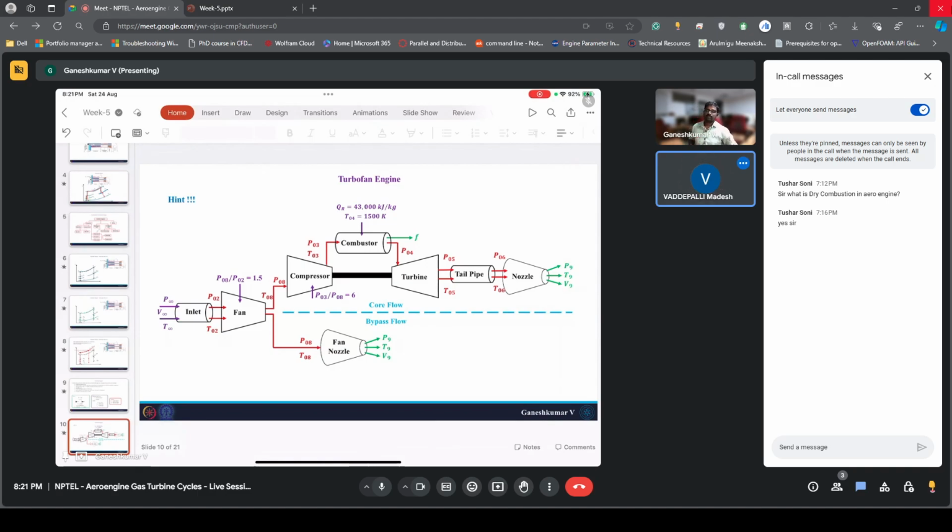In terms of design, let's say you consider this course, and you came up with a design of an aeroengine, something novel, and you wanted to do some patents. The first thing they will see is the emission norms. That is very clear, right? If you come up with an engine using different fuels, what are the NOx emissions?